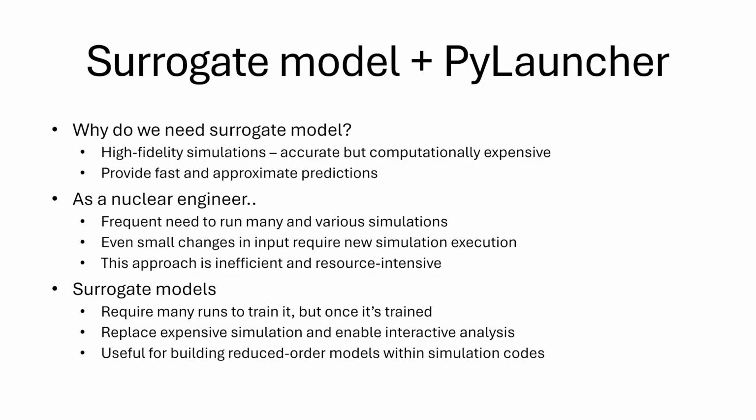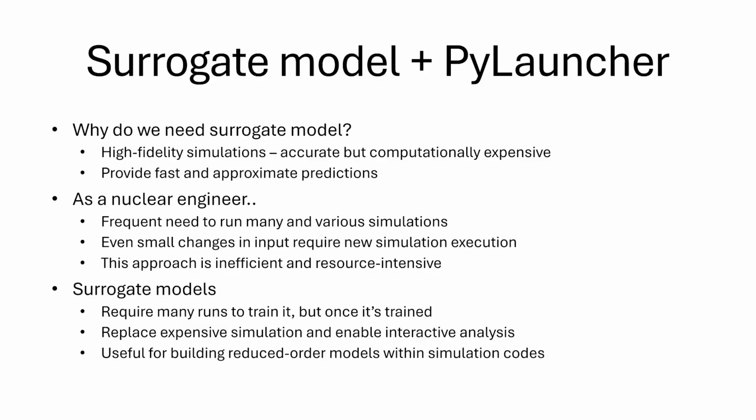So why do we need Surrogate model? In many scientific and engineering problems, running high fidelity simulations or experiments can be extremely time consuming and computationally expensive. For example, simulating the behavior of a nuclear reactor or running a detailed dynamics model may take hours or even days.